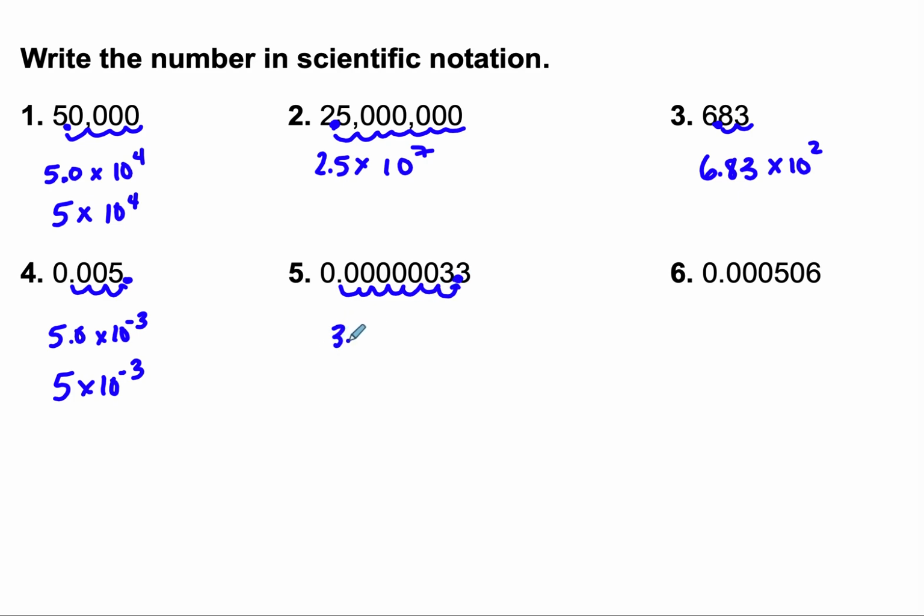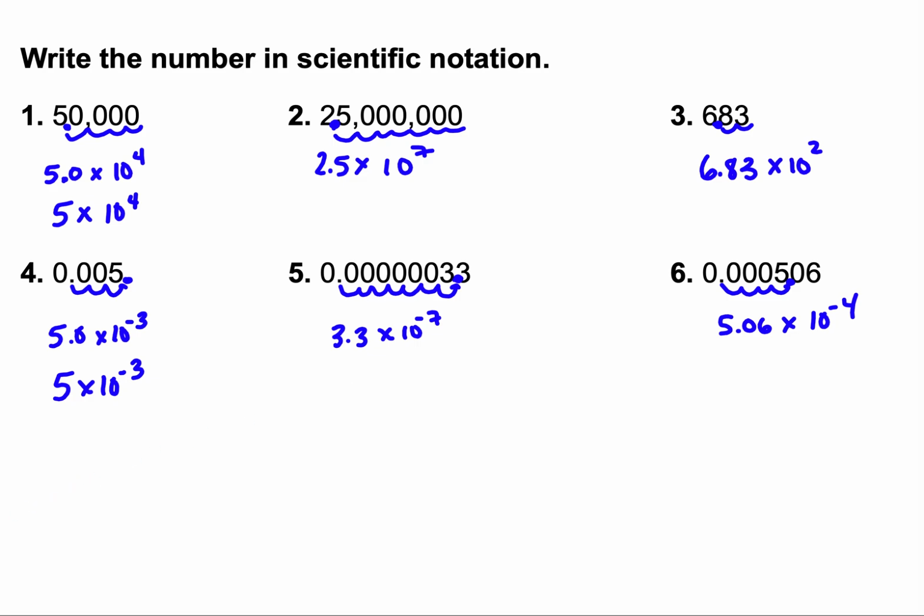So I have 3 and 3/10 times 10 to the negative 7th power. All right, number 6, after my first digit that's not a 0, which is the 5, that's where the decimal's going. 1, 2, 3, 4 spaces over. So 5 and 6/100 times 10 to the negative 4th power.